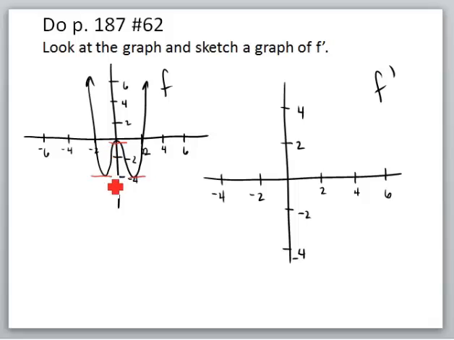So there's one at -1. So at -1, the slope of the tangent line is 0. At 0, the slope of the tangent line is 0. And at 1, the slope of the tangent line is 0. Those give me some starting points to deal with.